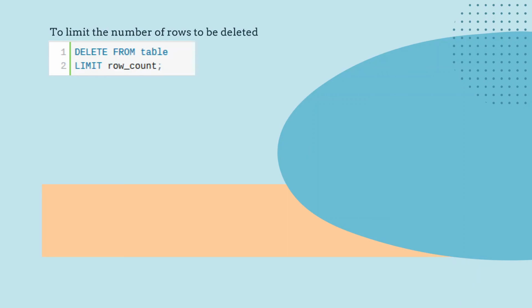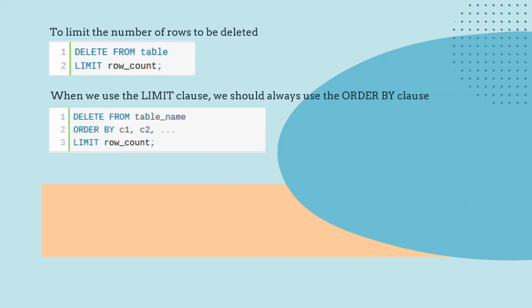And then to limit the number of rows to be deleted, we can use delete from table and then the limit clause and then the number of rows. Note that the order of rows in a table is unspecified. Therefore, when we use the limit clause, we should always use the order by clause as shown in this picture.